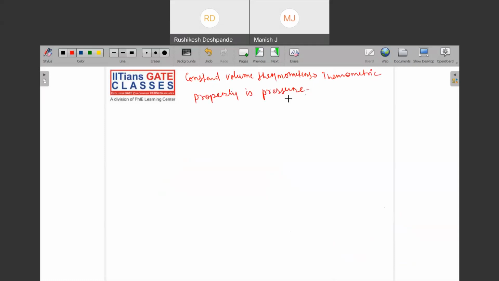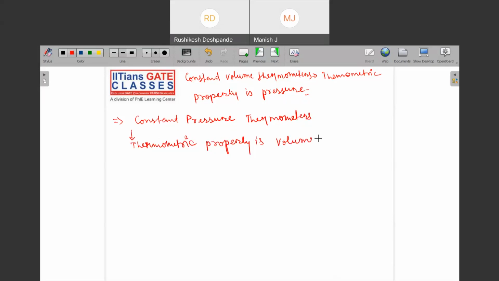The same can be applied when pressure is constant. So I am moving to constant pressure thermometers. Then my thermometric property is volume. How?